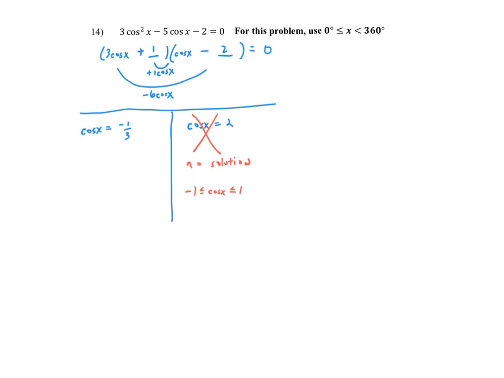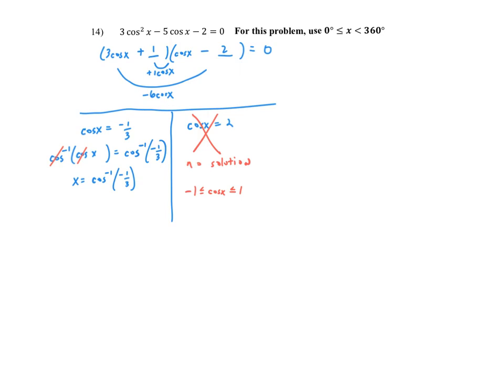On the other side, we can't use our unit circle to find angles where the cosine is -1/3, so we have to use inverse trig. We're going to take the inverse cosine of both sides. So we'll get inverse cosine of cosine of x is equal to the inverse cosine of -1/3. We are doing this because inverse cosine and cosine cancel. X equals the inverse cosine of -1/3.